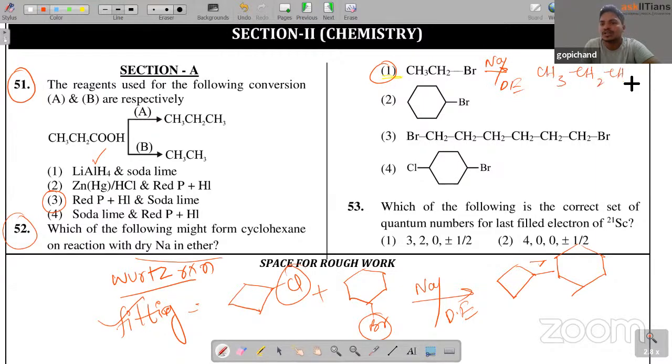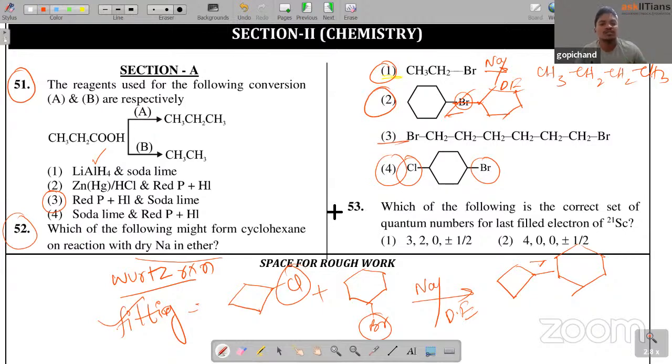And you are going to get bicyclohexane, where you remove the Br and attach another cyclohexane group here. And if you see option 4 as well, you are not going to get the cycloalkane here. So two cyclic groups will be present in options 1, 2 and 4. So definitely the answer will be 3.